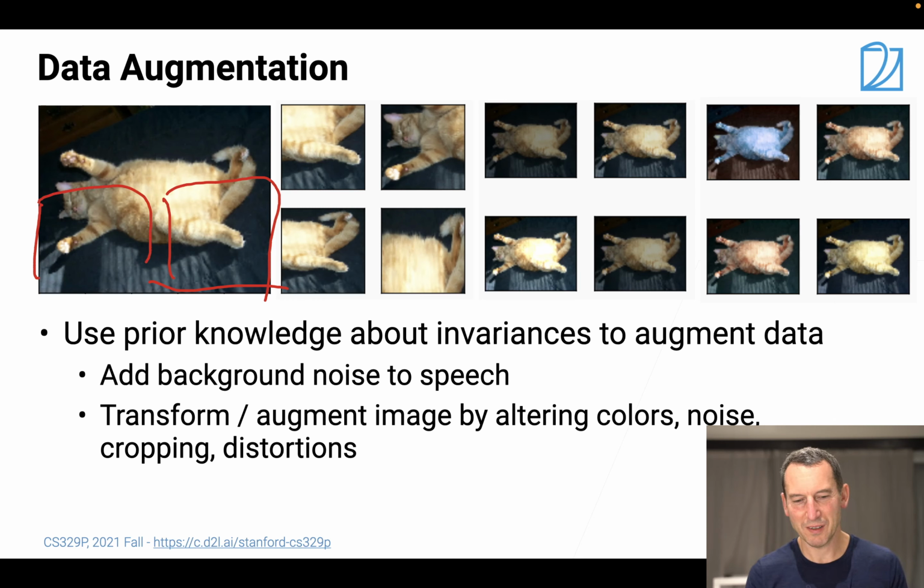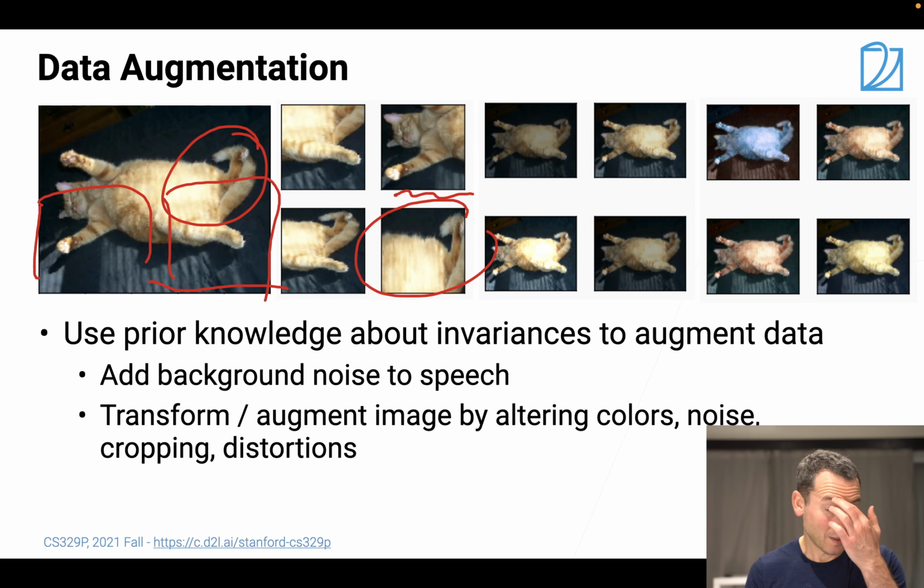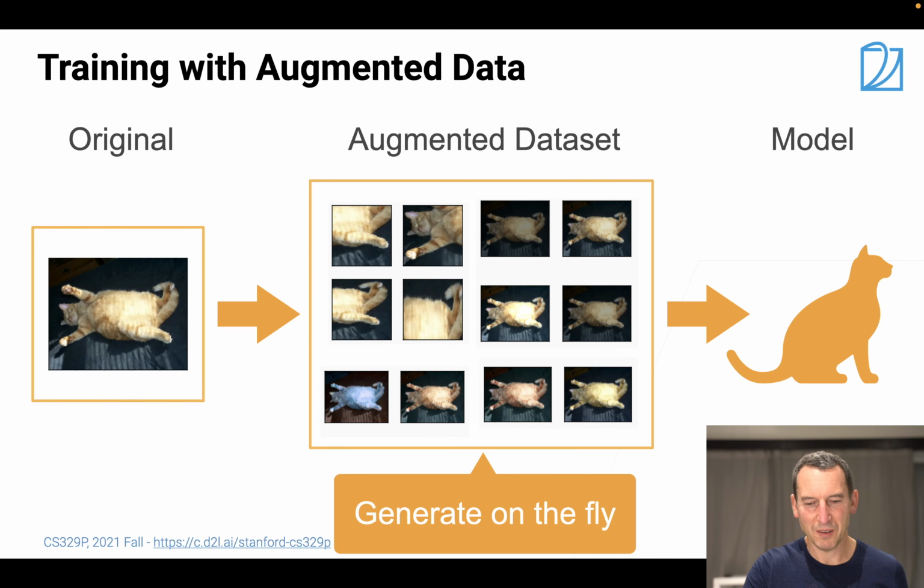Here's a tail and another leg. Anyway, you can make it darker, and you can turn this tiger cat into a gray cat, a yellow cat, an orange cat, and some bluish shaded cat. In all of those cases, they're still cats. You can even flip and do a lot of other operations.